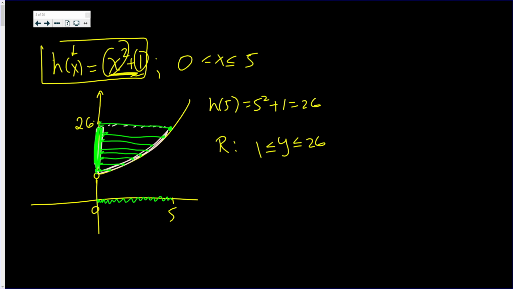So the range would be above 1, just not equal to 1. Between 1 and 26, but it can equal 1 here. Likewise, if I remove the 5, then I'd have to remove h of 5, which is 26. But I didn't. They're both there, and there is your range.